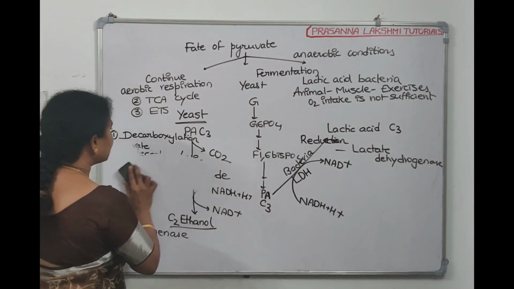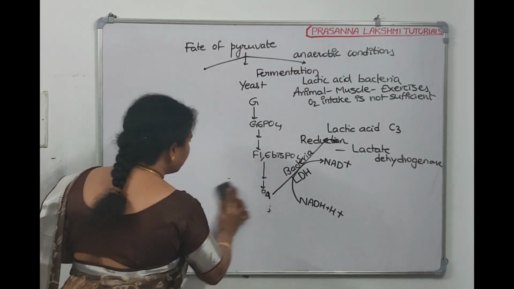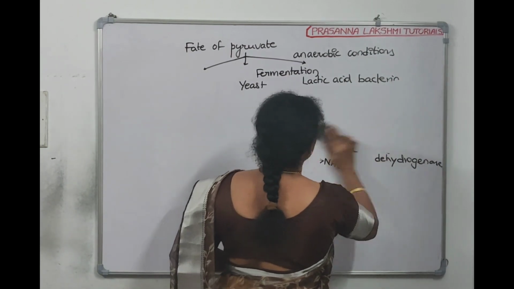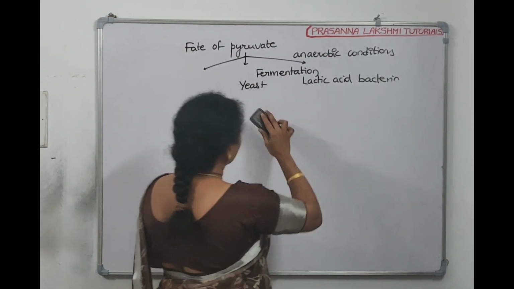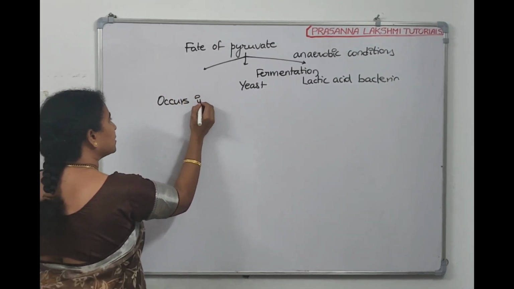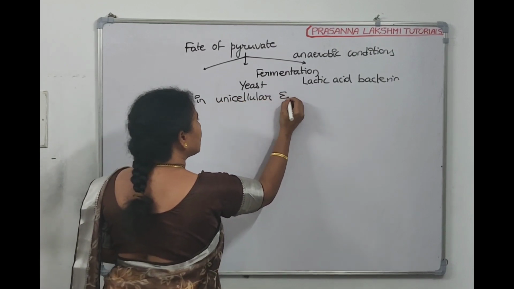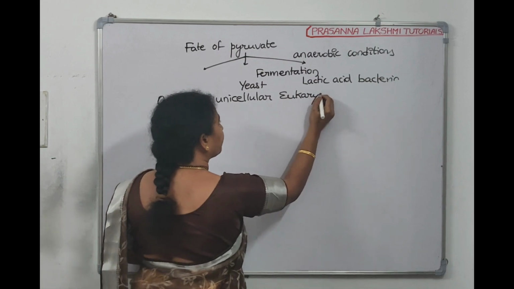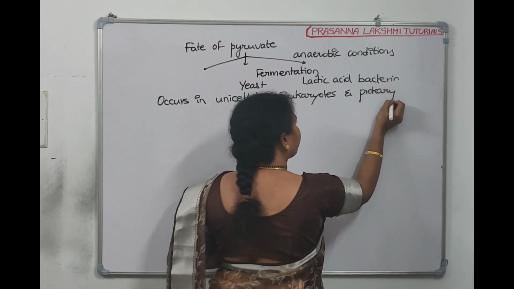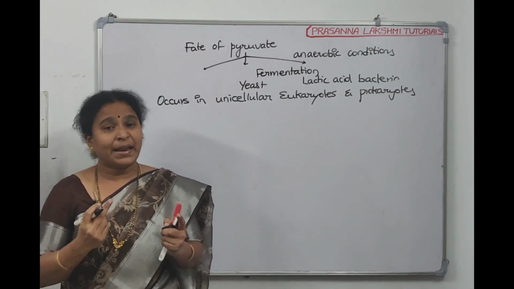Now, in which organisms can we see fermentation? In yeast and bacteria, that is, in some unicellular eukaryotes and in prokaryotes. Fermentation is an anaerobic process.